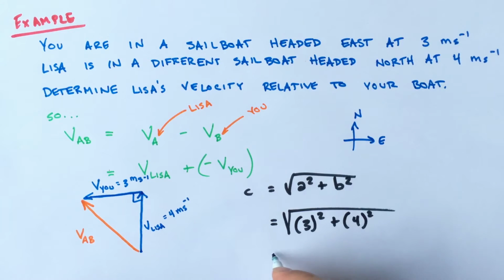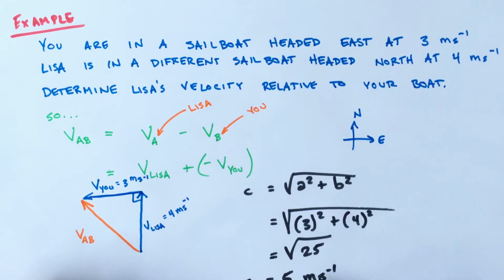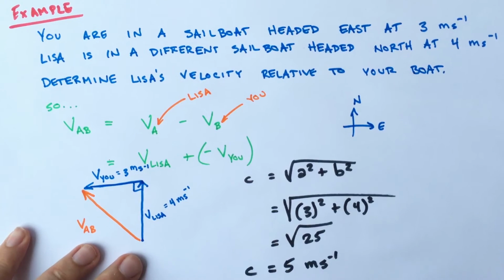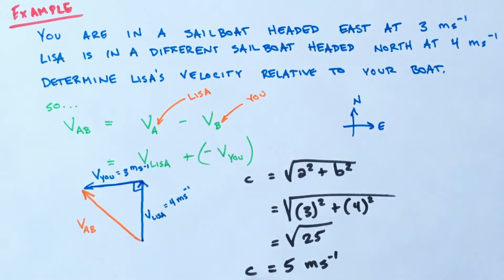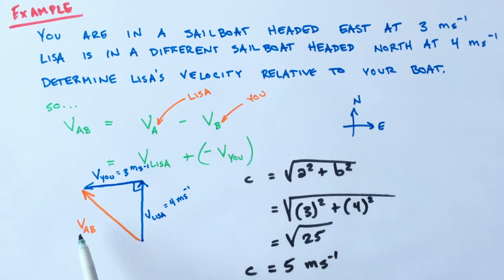That's 9 plus 16, that's the root of 25. So C is equal to 5 meters per second, whatever the units are on these. The units on this will be the same. So your velocity, Lisa's velocity relative to you, is 5 meters per second.